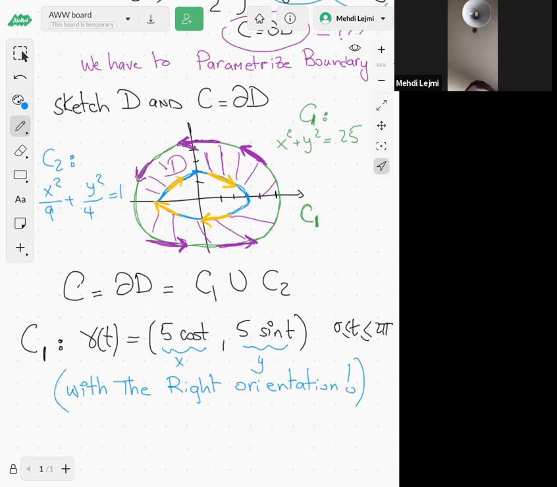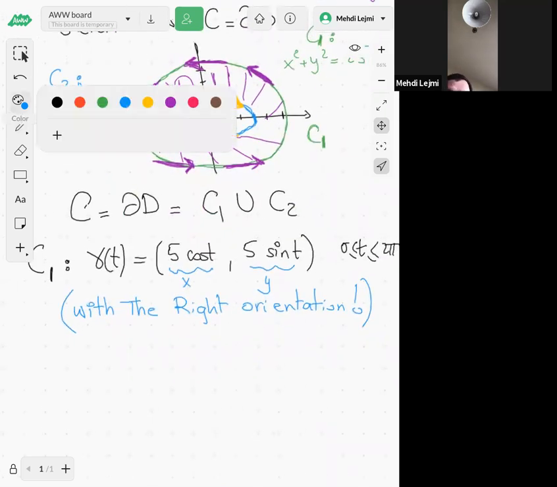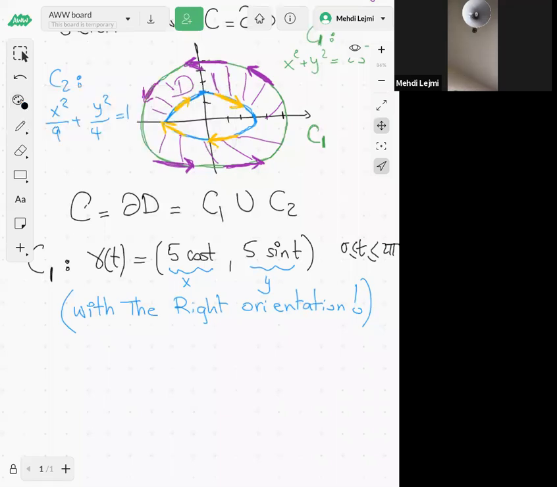Now, what about C2, the ellipse? How do we parameterize the ellipse? It's the same idea, of course. An ellipse is just a sort of twisted circle. So we use cosine and sine, but with different coefficients. For C2, let's say beta of t is 3 cosine of t, 2 sine of t. This is x, this is y.